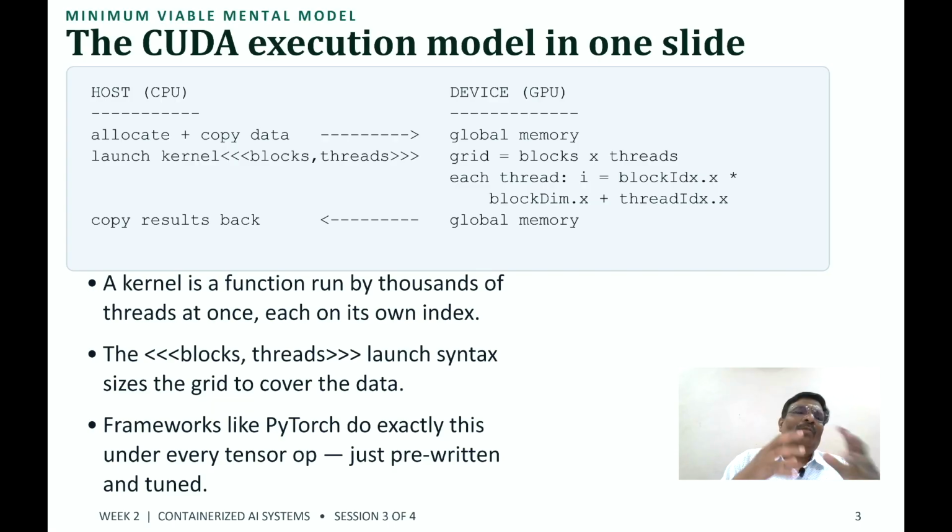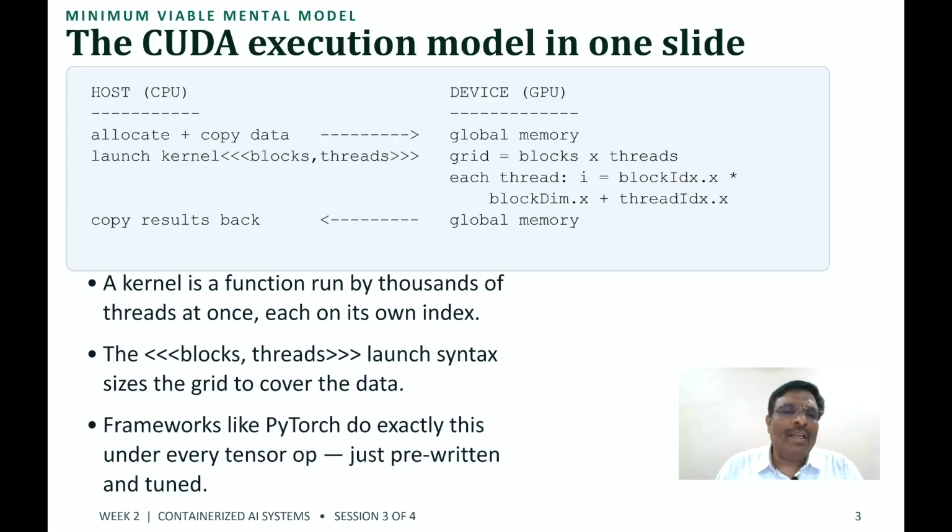So we actually launch the kernel, in the sense of the specific compute kernel which we are trying to run on the GPU, and the GPU should always be used to run specifically the kernels, nothing else. These kernels are specifically the functions which are run by thousands of threads at once, and each of these threads has its own index.